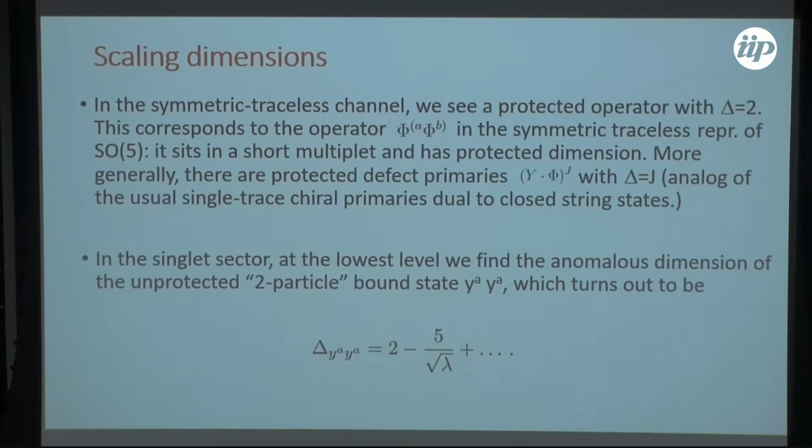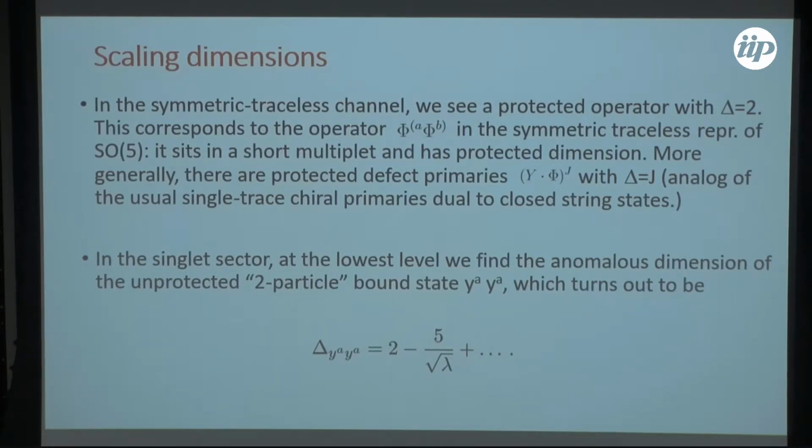There we have the symmetric traceless representation of SO(6). Here we have the symmetric traceless representation of SO(5). So this is just one example of a whole tower of protected operators which are built out of symmetric traceless products of φ's and have Δ equal to j, where j is the number of scalars. Okay, I'll come back to those kinds of operators later because we will see that they can be described by localization. Their correlation functions can be obtained by localization.